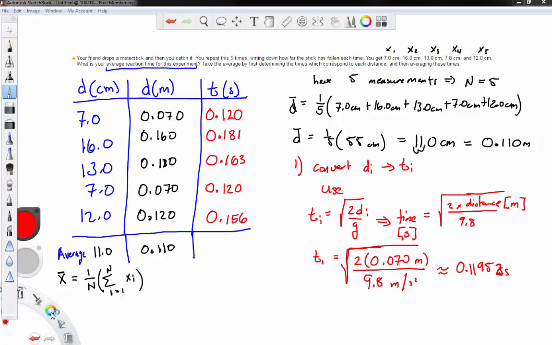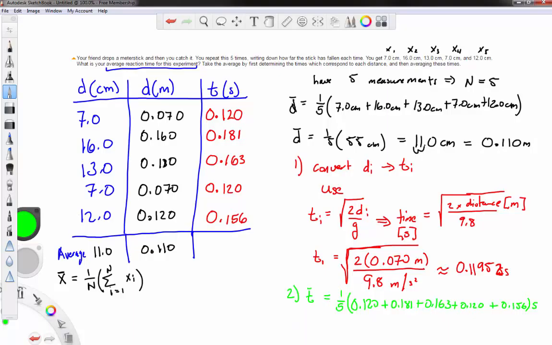Last but not least, we have to do step 2, which is now get the average. So T average is, in this case, 1/5 of all of these times. 0.120 plus 0.181 plus 0.163 plus 0.120 plus 0.156, and all those times are in seconds, so I'm going to put the seconds out here.